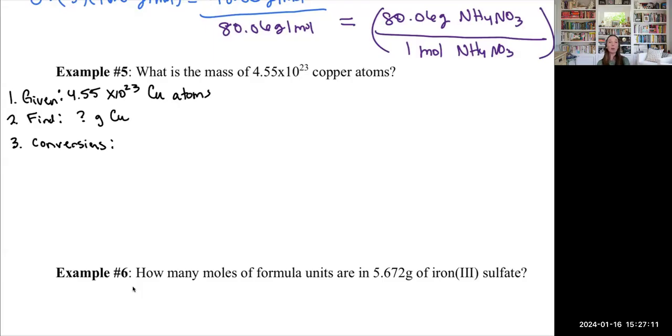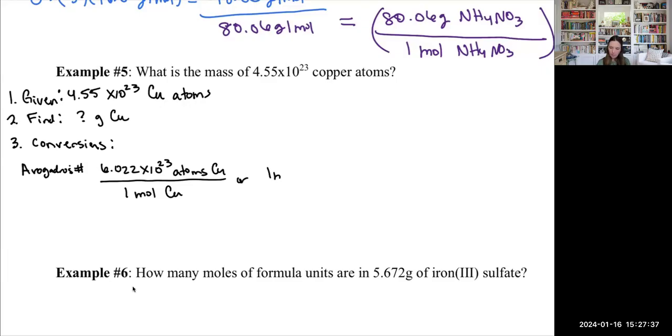So if I have copper atoms, that's Avogadro's number. Remember, it is 6.022 times 10 to the 23rd, and in terms of atoms, that would be atoms of copper in 1 mole of copper.